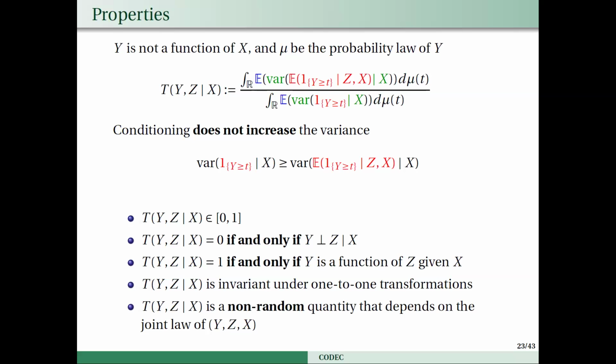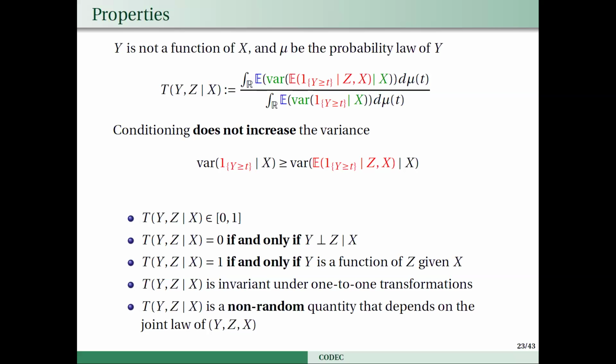The similarity with the simple case is that, again, I have a ratio of two integrals with respect to the law of y. Everything is almost the same, with one subtle difference: I have one extra level of conditioning on x. And where does that come from?